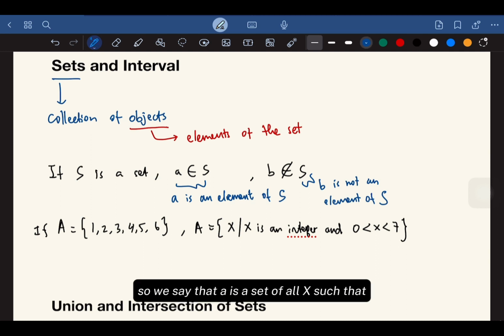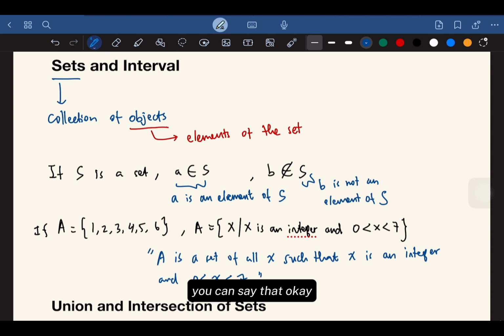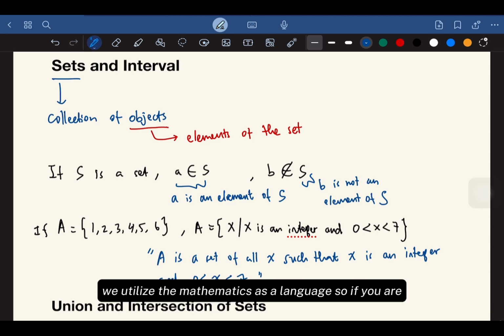So we say that A is the set of all X such that X is an integer. The way we write these notes, we utilize mathematics as a language.